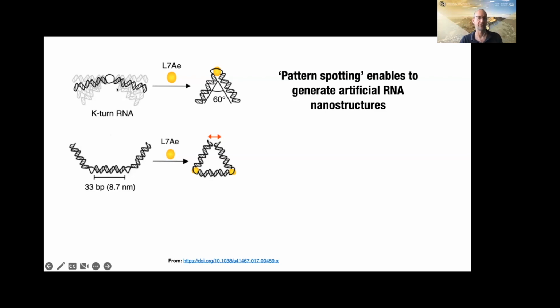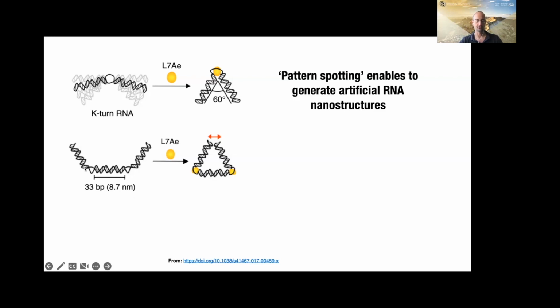So people have done this: we can engineer a kink turn in between two Watson-Crick helices, if you will. And then upon addition of the protein, we should be able to generate a certain shape in 3D with a well-defined 60 degree angle between those two arms around the kink turn.